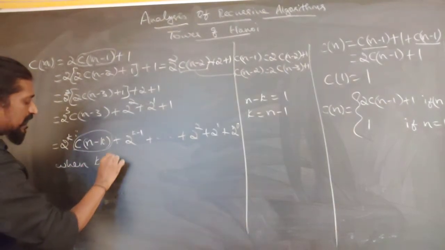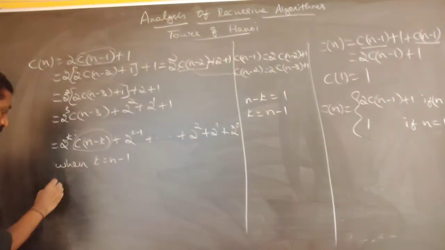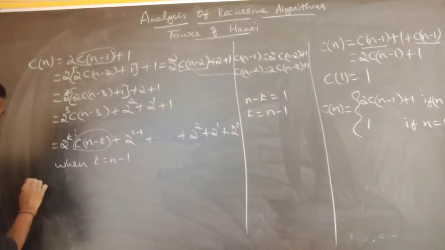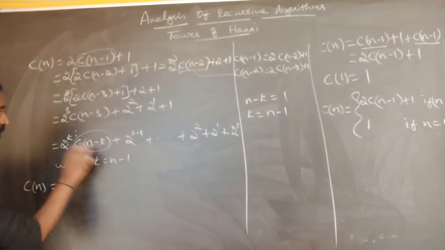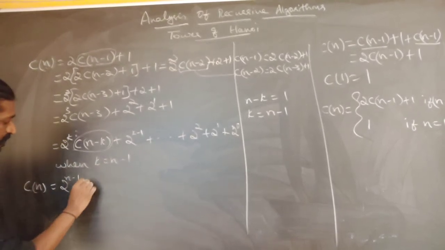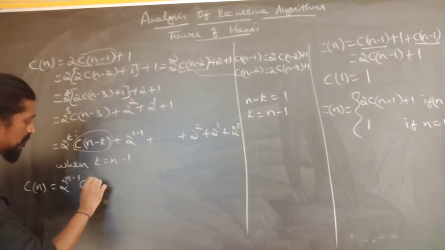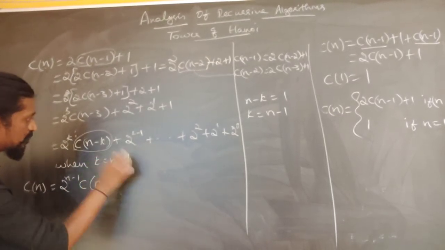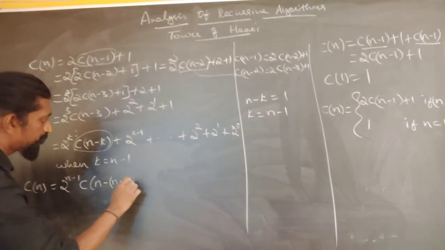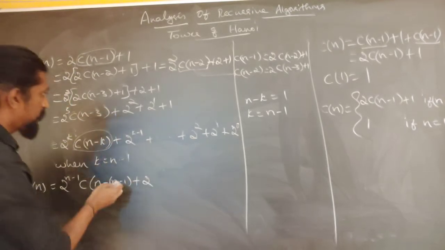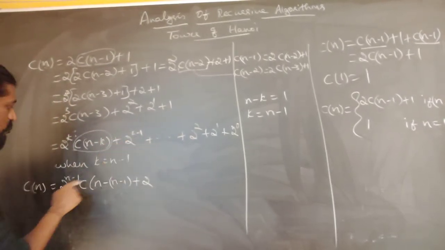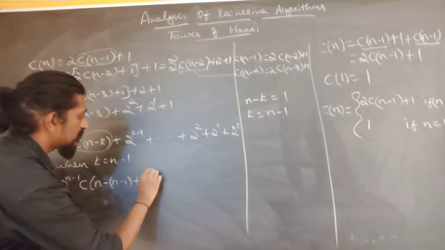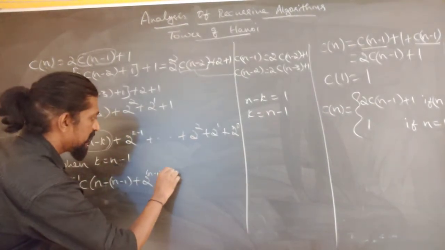When k is equal to n minus 1, what will happen? C of n will be equal to, here 2 to the power of k becomes 2 to the power of n minus 1, C of, here we have n minus k, which becomes n minus n plus 1, plus 2 to the power of, I have already told you this power will be 1 less than this, k minus 1. So k is n minus 1, n minus 1 minus 1.